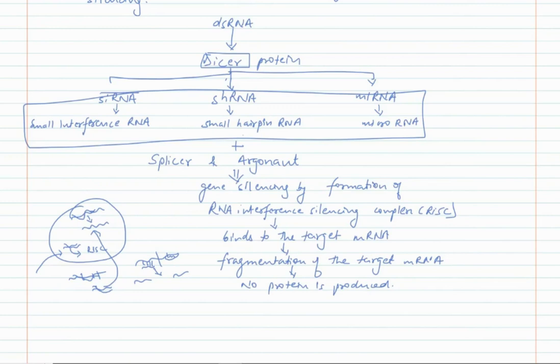So this method involves silencing of a specific mRNA due to a complementary double-stranded RNA molecule that binds to and prevents translation of the mRNA, which is called silencing.